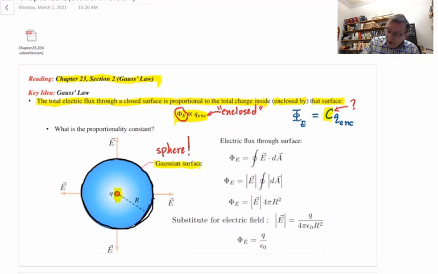Then we know at any point on this Gaussian surface, the electric field vector at that point points radially away from the charge. Like there, I just drew the electric field to the right for that little region of the sphere. What about the little region of the sphere that's directly below the charge? Then the electric field points straight down. What about the little region directly to the left of the charge?